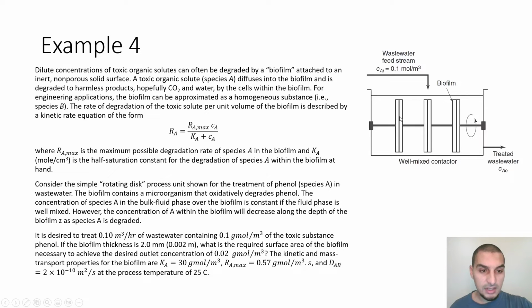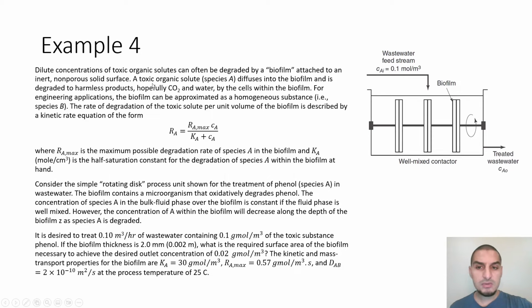This black line here is just an inert material acting as a support that is holding the film on both sides. This is a gelatinous material that is holding the microorganisms in place so that they stay in the same place, and that's what we call immobilized microorganisms.